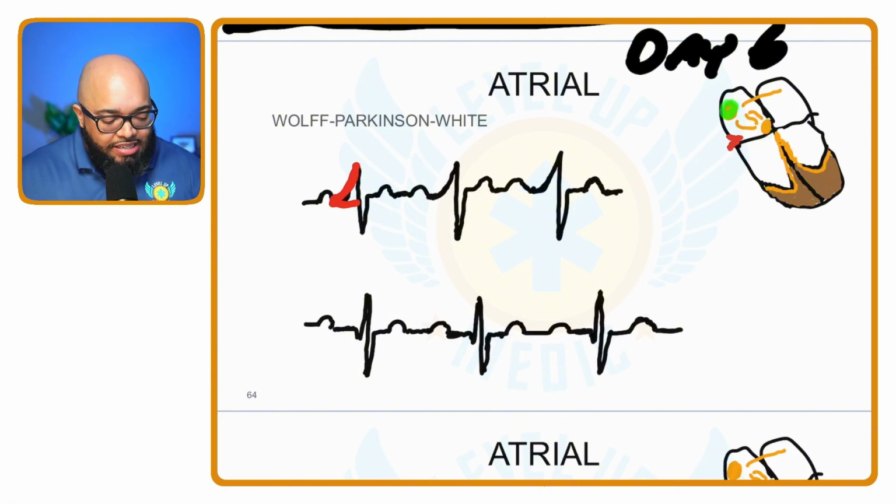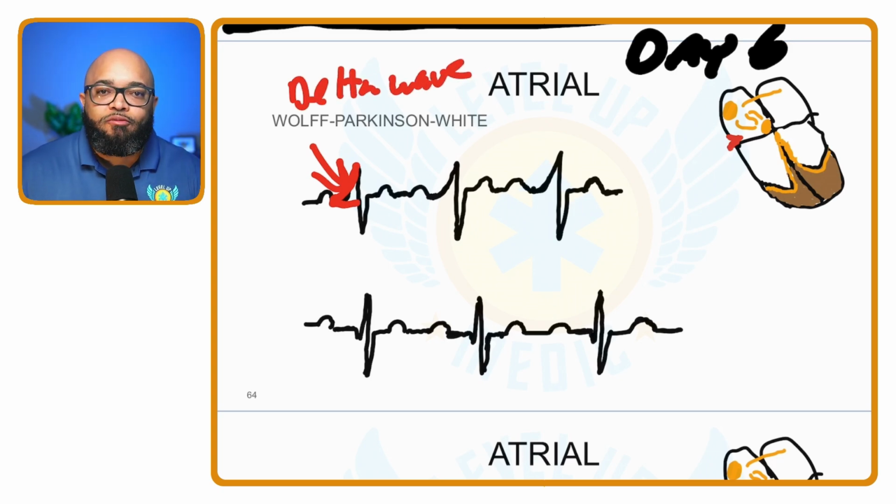It didn't go from SA node to Bachmann's bundle, internodal pathway, to AV node. What it does is it goes from SA node and sneaks in through the window through the bundle of Kent. And because it happens very quickly, that's why we have this very quick upstroke here. And by the way, this little upstroke is what's known as a delta wave.